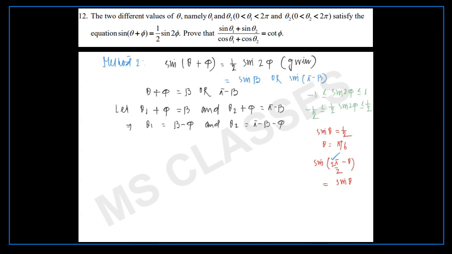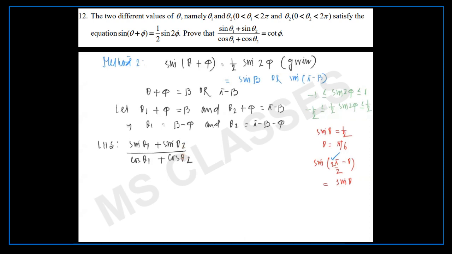Now, we need to prove that for the two which come from the LHS, that is sine theta 1 plus sine theta 2 by cos theta 1 plus cos theta 2. Now this means what? The sin C plus sin D formula, and this is the cos C plus cos D formula. So we can apply the formula.